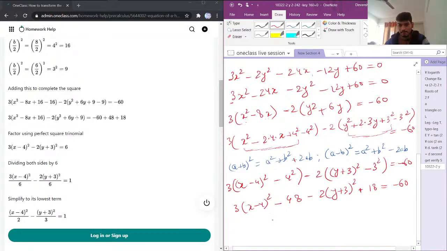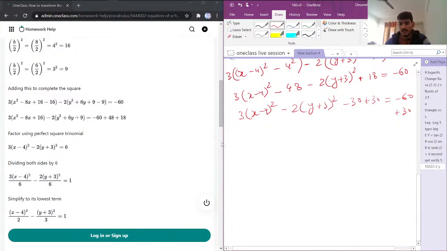So this will become 3 times (x minus 4) whole square minus 2 times (y plus 3) whole square minus 30 equals minus 60. I'll just add 30 on both sides.